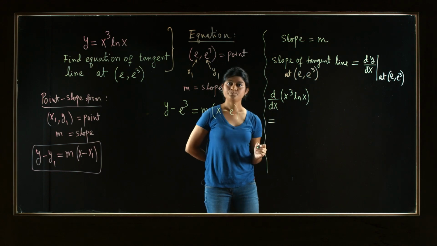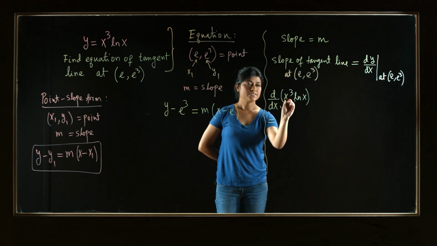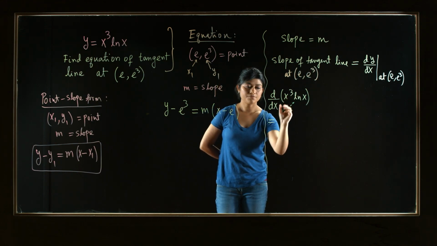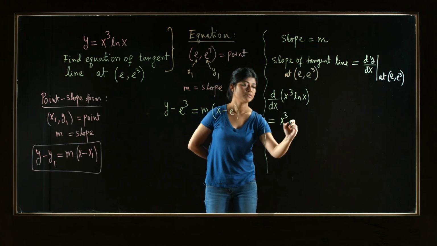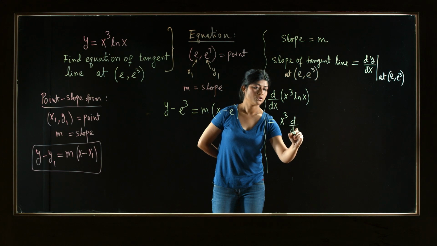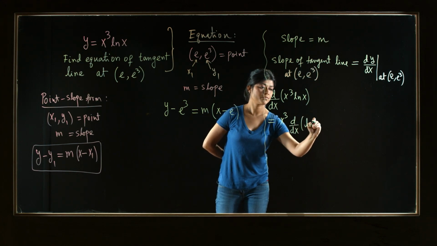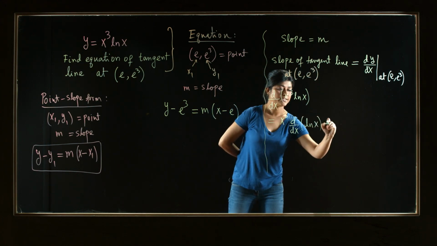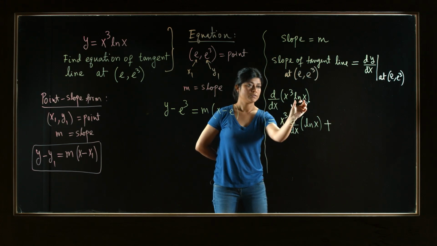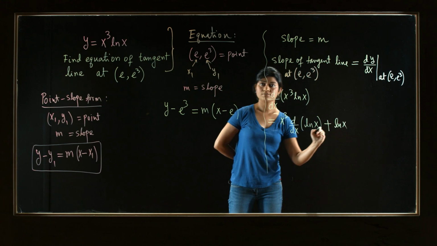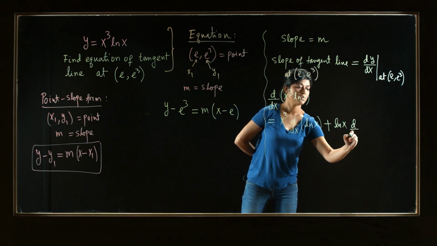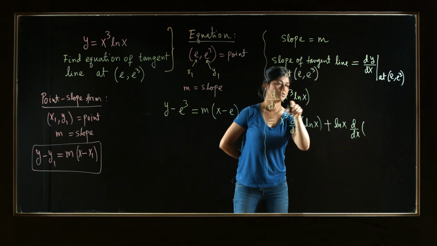Product rule says you keep the first function fixed as it is and take the derivative of the second function, and then add to it the second function as it is times the derivative of the first function, x cubed.